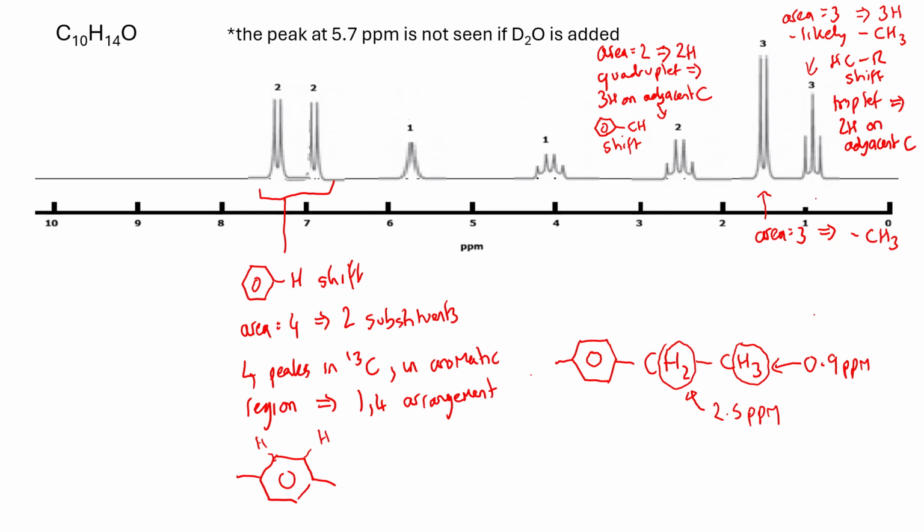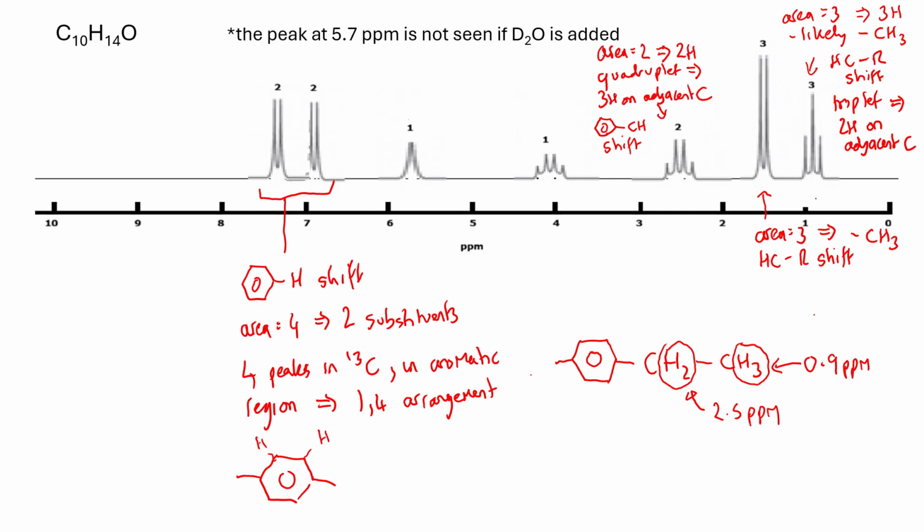We can say that it's got again an HCR shift. It's quite different from the other one, but it's still within that HCR range. So we can note that down, meaning it's just going to be bonded to another carbon.